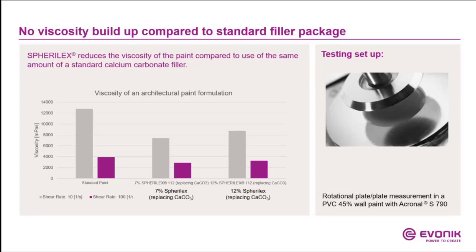In some cases, you see a decrease of the viscosity. So you have no negative influence on the viscosity at all when you replace, for example, calcium carbonate by the silica particles SPHERILEX. In this case, we tested a paint with a pigment volume concentration of 45% based on a styrene acrylic binder Acronal S790, which is a very typical binder in the market.